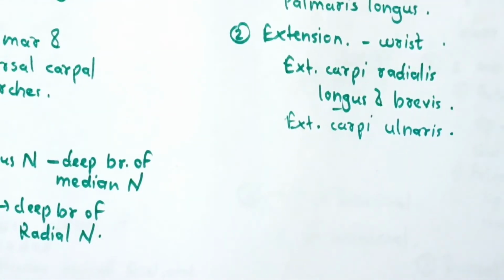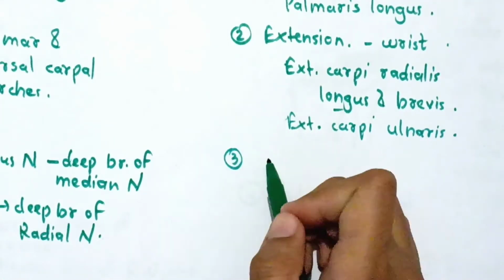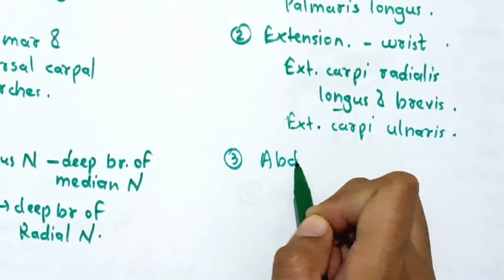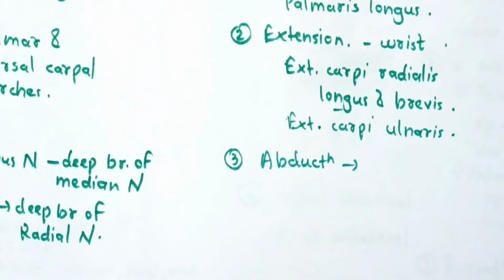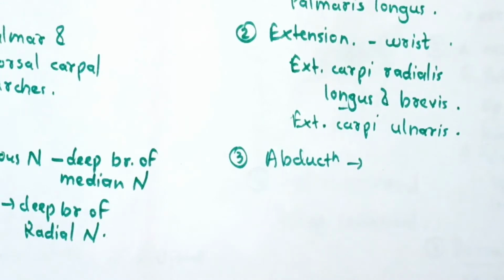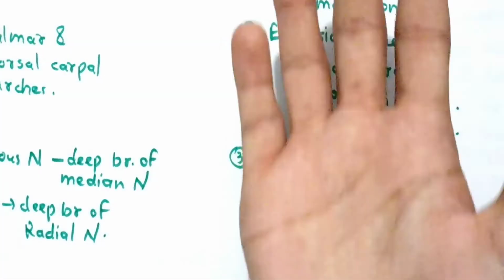Then let's talk about the abduction. What is abduction? When you move any part of your body away from the midline, this is abduction. So in the wrist, what is abduction?